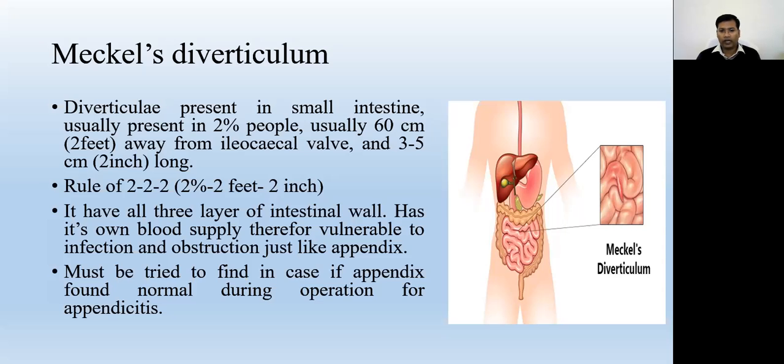Otherwise, if after opening you find that the appendix is almost normal and the patient has the features of appendicitis, then you must try to find out the Meckel's diverticulum that may be inflamed, means Meckel's diverticulitis. So this is where you find it, almost 2 feet away from the ileocecal junction. This is the usual location of the Meckel's diverticulum.